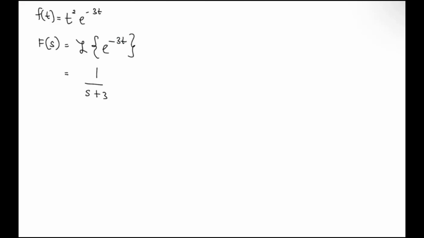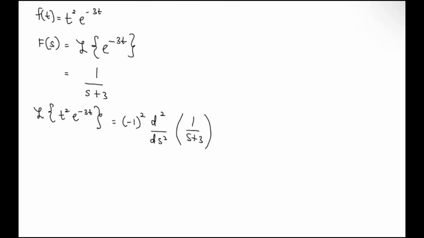And then by applying the theorem, multiplying by t to the n, if we want to find the Laplace transformation of t squared e to the power of minus 3t, this is equal to negative 1 to the power of 2 d squared over ds squared F(s), where our F(s) is 1 over s plus 3.